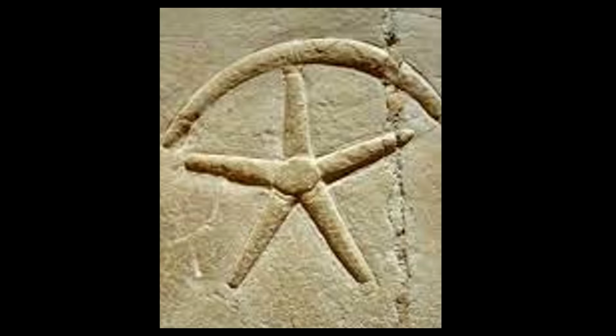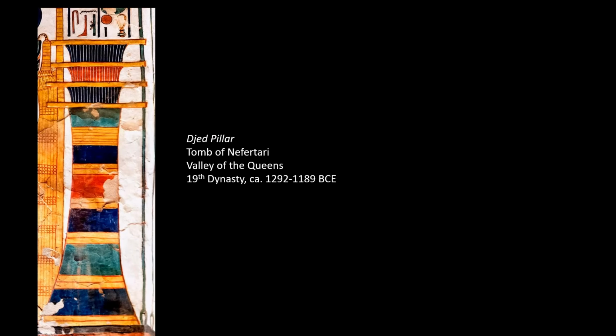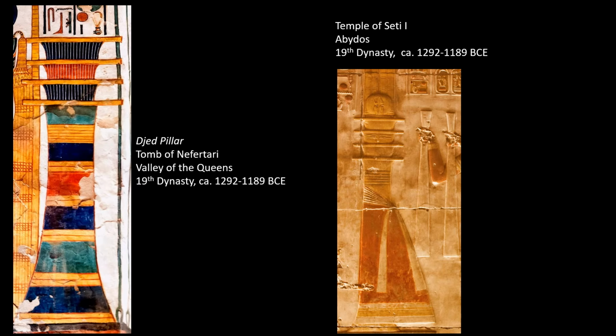Pictorial representations of the gods also sometimes blend and mix aniconic, zoomorphic, and anthropomorphic designs. For instance, the Djed pillar, an aniconic representation of the god Osiris, can incorporate human body parts such as arms, eyes, and legs, which walk, so to speak, the line between being an aniconic and an anthropomorphic representation.